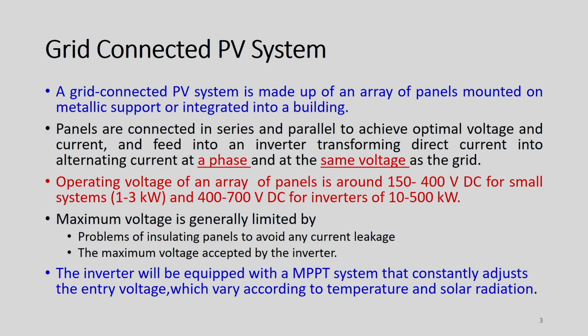The maximum voltage is generally limited by the problems of insulating panels to avoid any current leakage and the maximum voltage accepted by the inverter. These two are very important. The inverter will be equipped with an MPPT system that constantly adjusts the entry voltage, because this will vary with solar insolation and temperature.